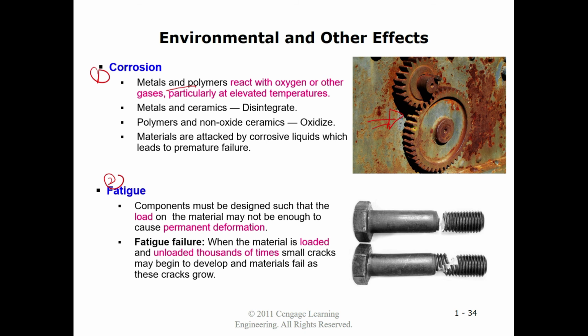It becomes oxidized or rusted. And material also can experience fatigue, where failure or fracture occurs in the material even though the stresses experienced by the material are lower than the tensile strength of that particular material. This is because this component is subjected to cyclic loading.